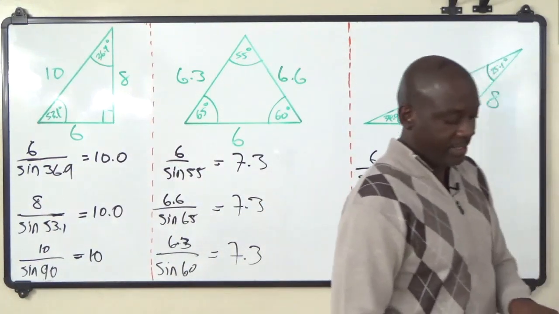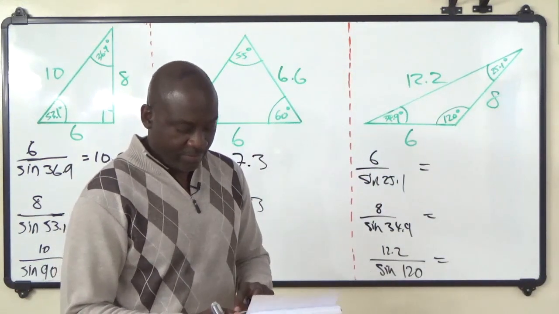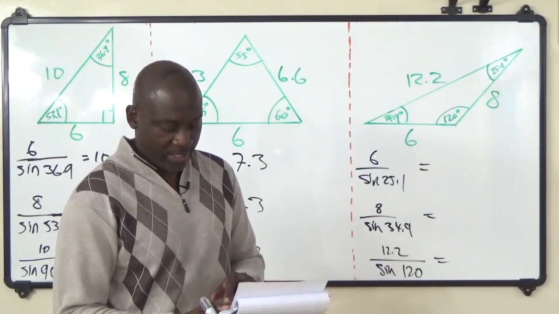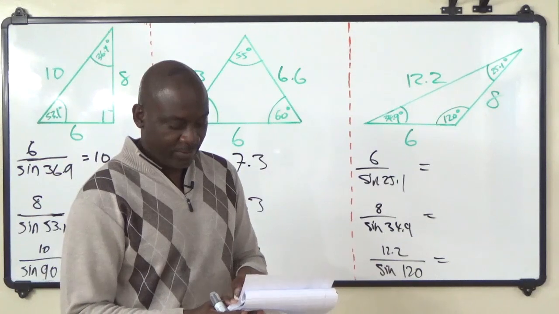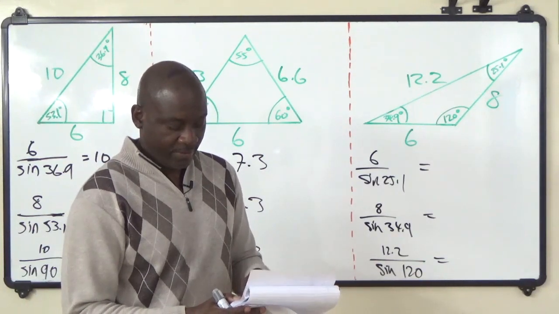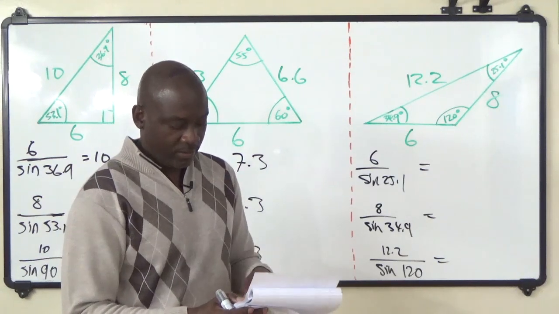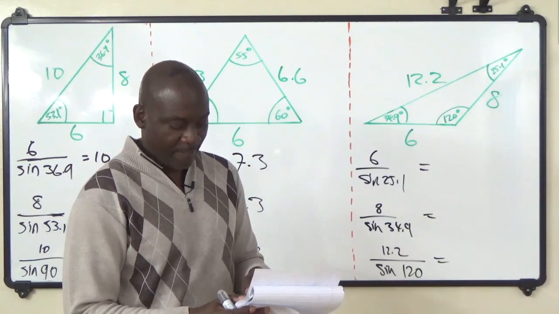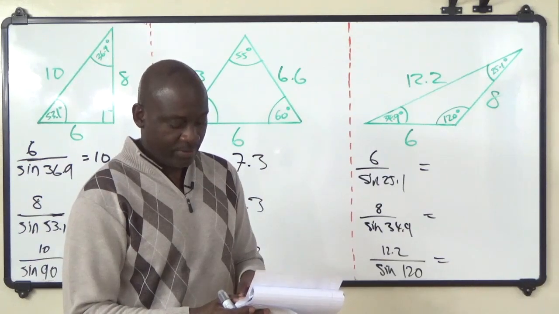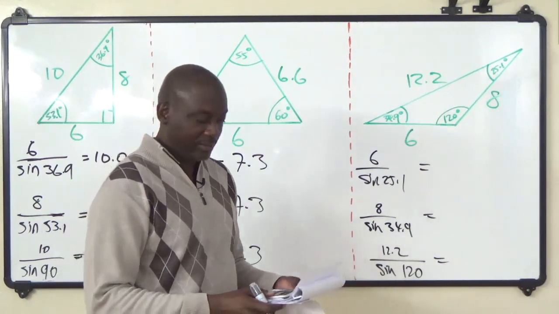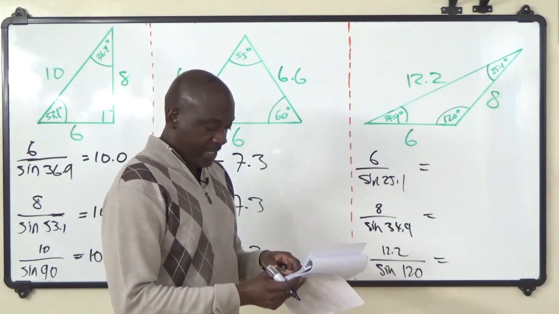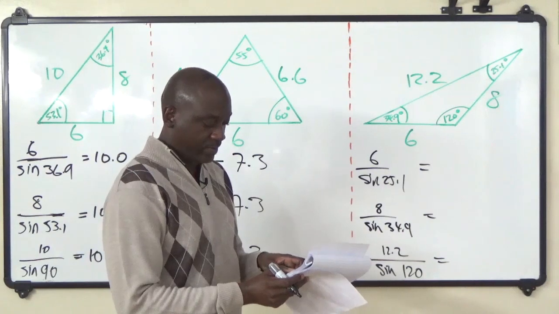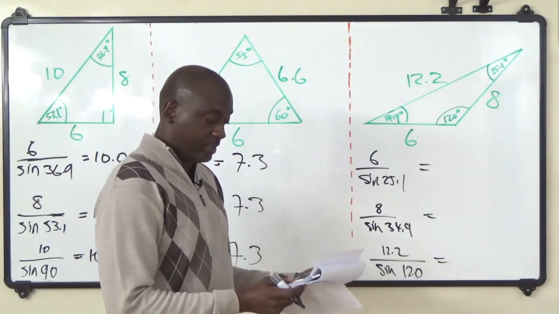I want to be as clinical as possible with this thing. So 12.2 divided by sine 120 is equal to, boom, no, it's 12.2, my mistake. 12.2 divided by sine 120 is equal to 14.08.